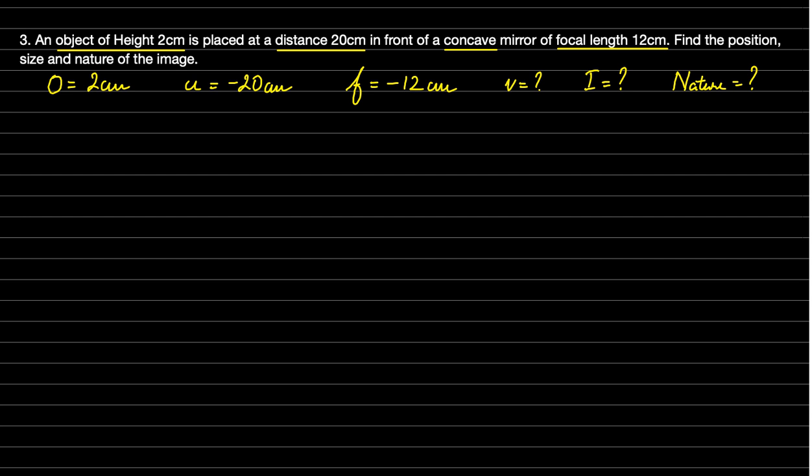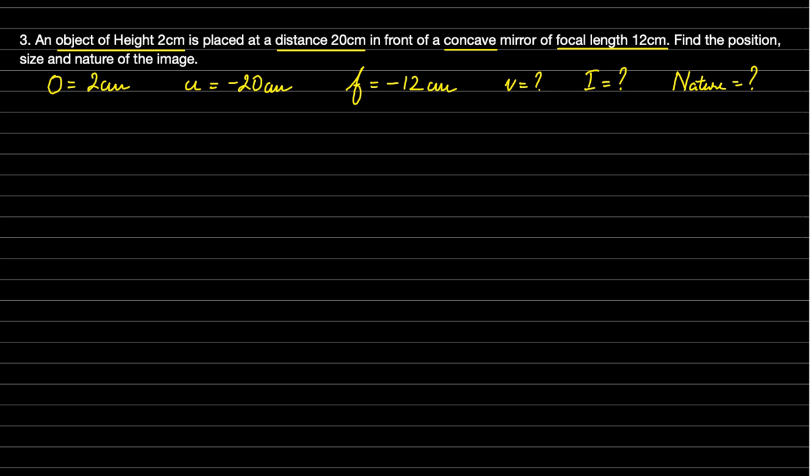Now we can see here the focal length is 12 centimeter, so radius of curvature will be 24 centimeter. Object is at 20 centimeter, that means it is between radius of curvature and focal length.